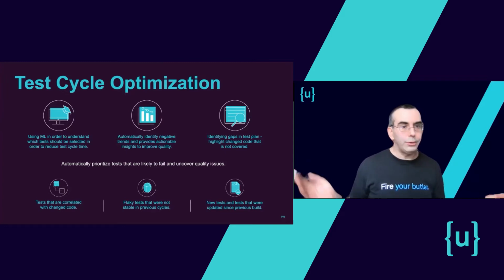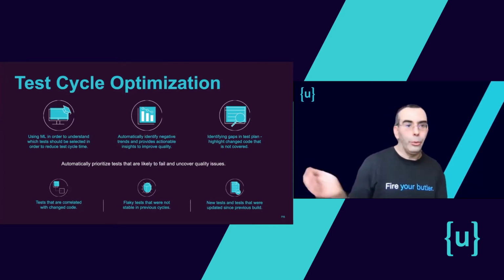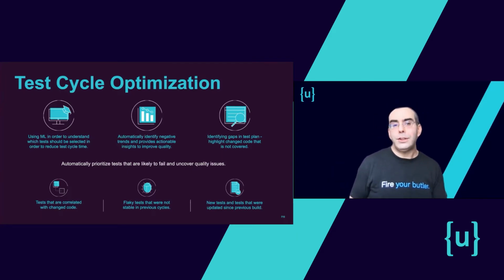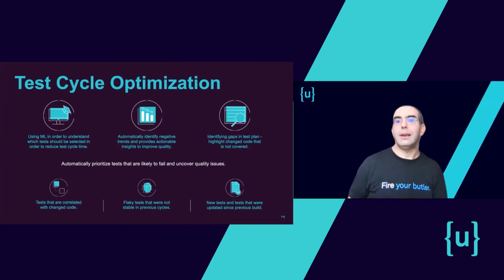When you talk to different dev teams, you understand that we always test too much, but we never test enough. And eventually, we're spending too much time running tests. And that is very tedious, especially when sometimes not all the tests are actually going to help me find defects and quality issues in my build.